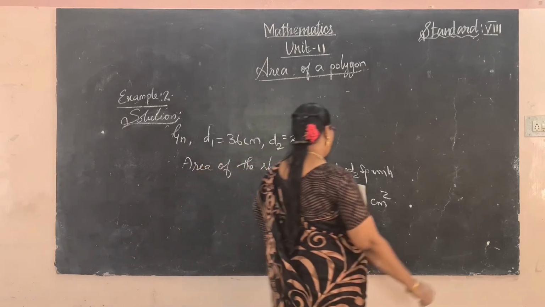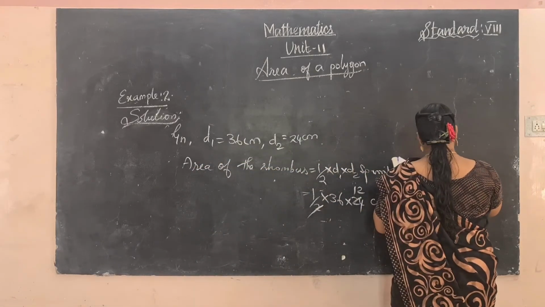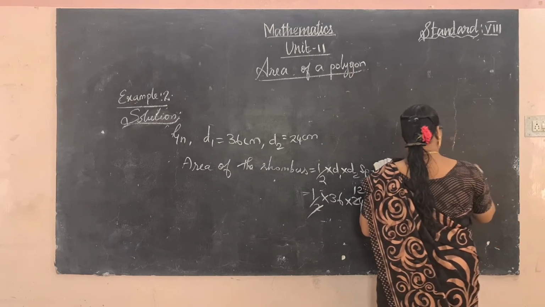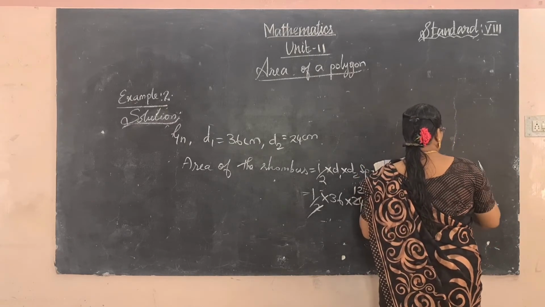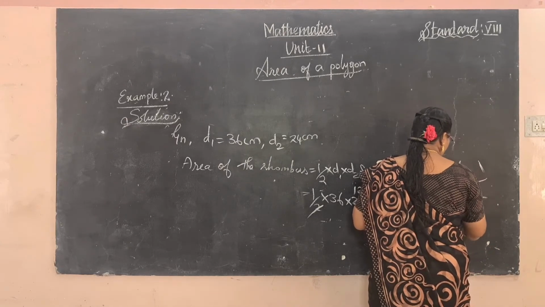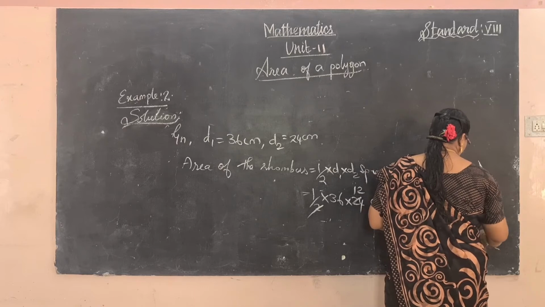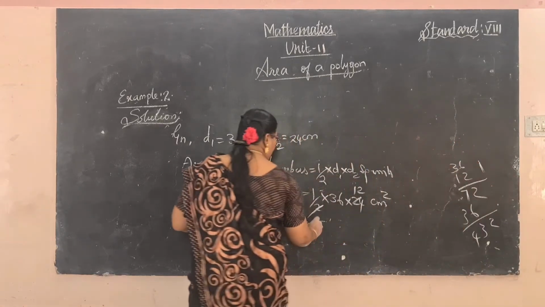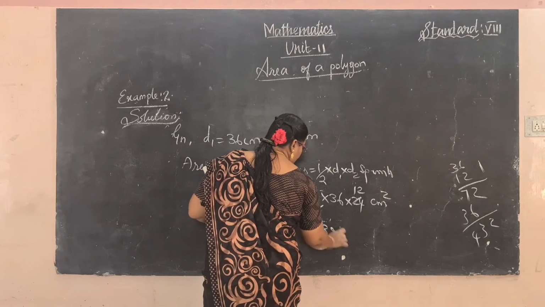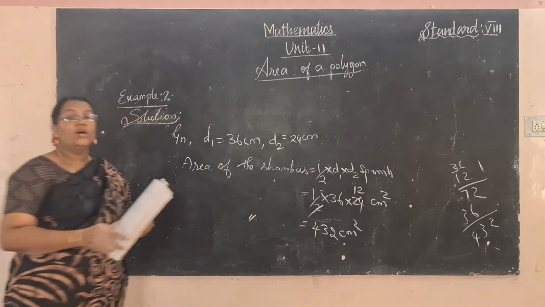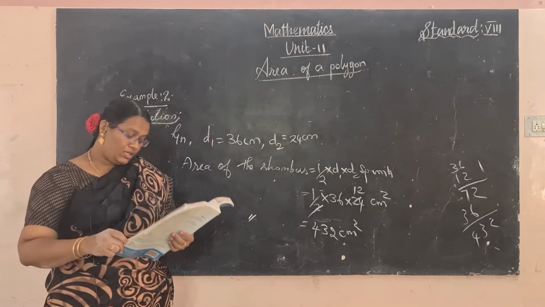So multiply 36 into 12. 6 2s are 12, 1. 3 2s are 6, 72. 6, 36, 2. 4, 32. So 432 centimeter square. So area of the rhombus is equal to 432 centimeter square.